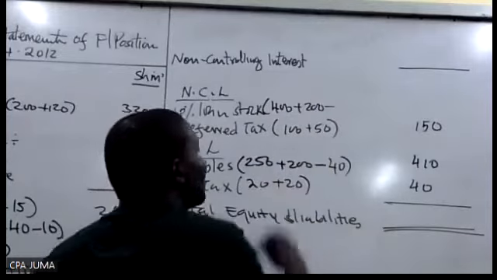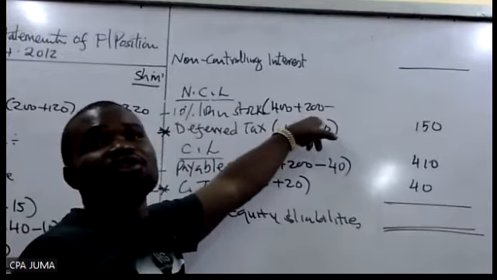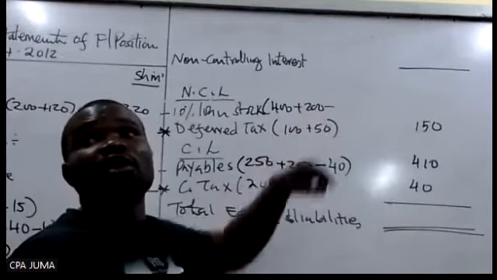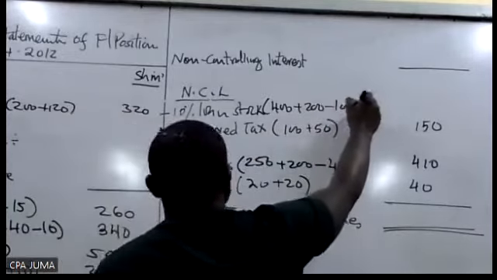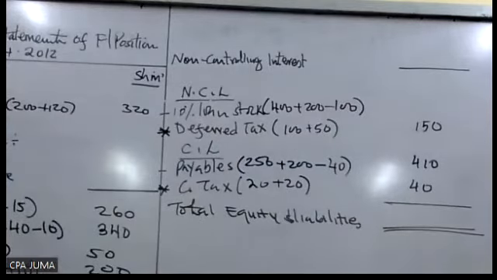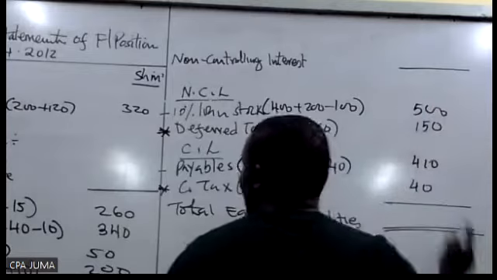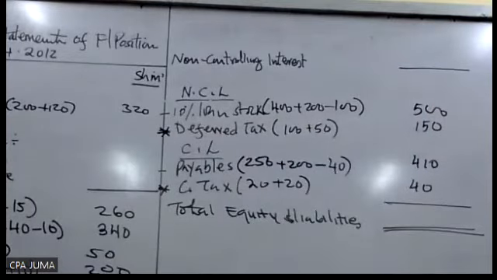But this 200, you remember, the parent invested in a half. So that is called intergroup loan, a loan from internal sources. Subtract. $600, $500. Correct.